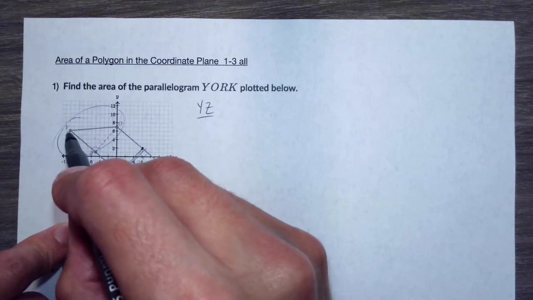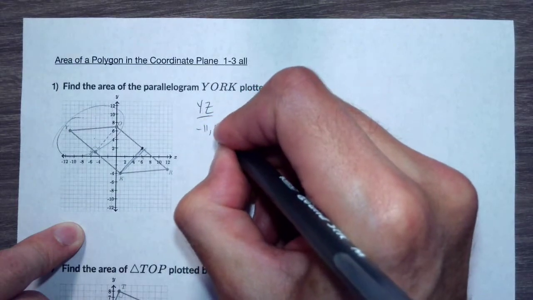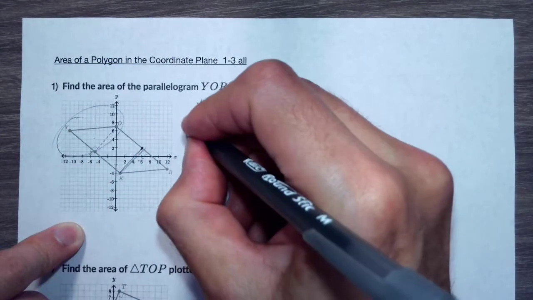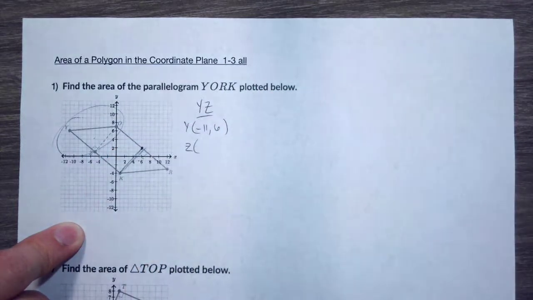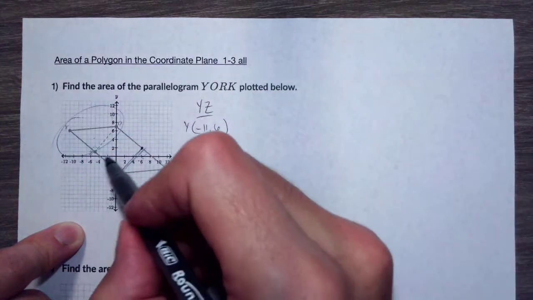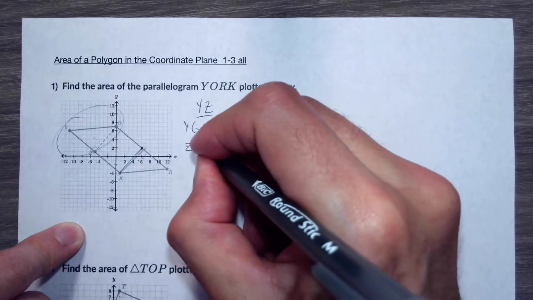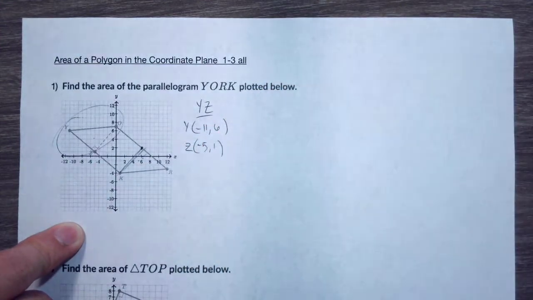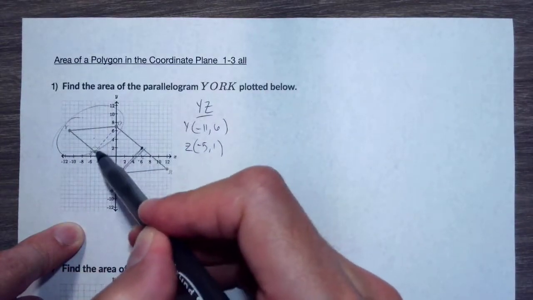Y is negative 11, comma 6. And Z is negative 5, comma 1. So I need to find that distance, and then I need to find this distance as well.